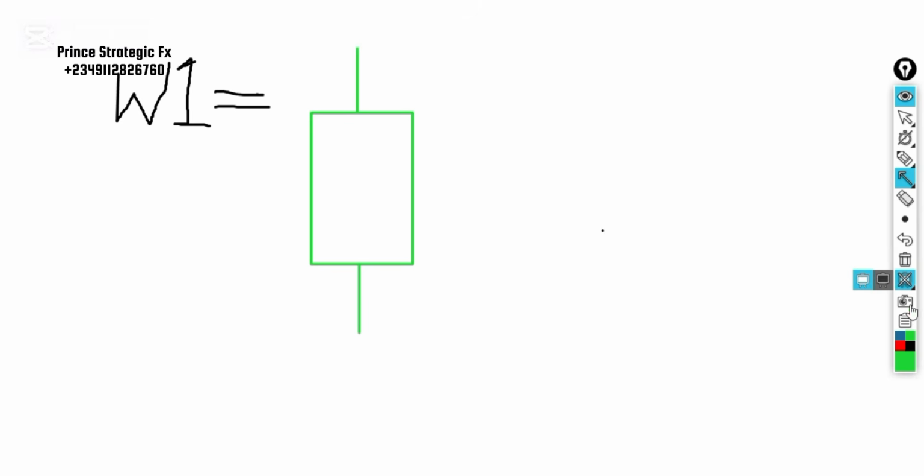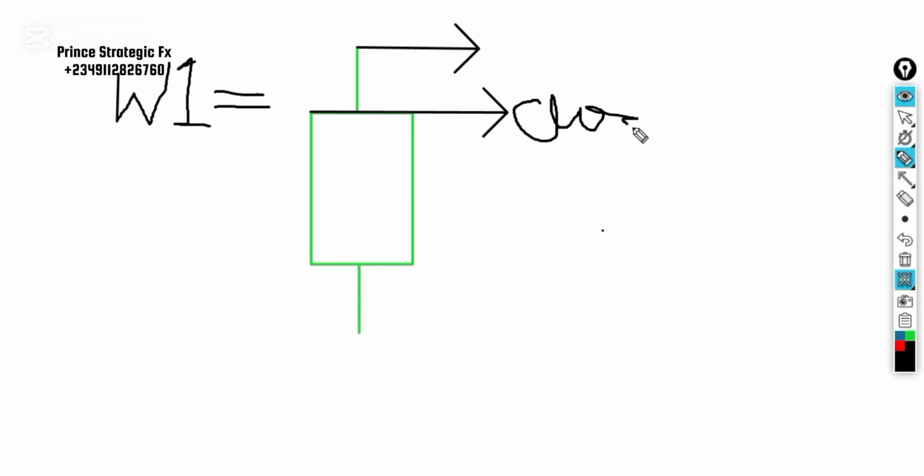So what we should be looking for is the close. The close should be coming from at the top there, and the wick should be coming from here. So automatically this here is our close and this here is our wick.